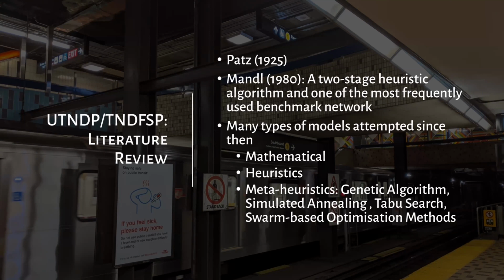Since then, there have been many types of models attempted. There are still some mathematical models, but all of them have a lot of simplifications. For example, one of the most common types of mathematical model is continuum approximation. That is basically you spread out the demand, instead of having discrete demand in each node, you spread it out like a density, and then use an integral approach to optimize.